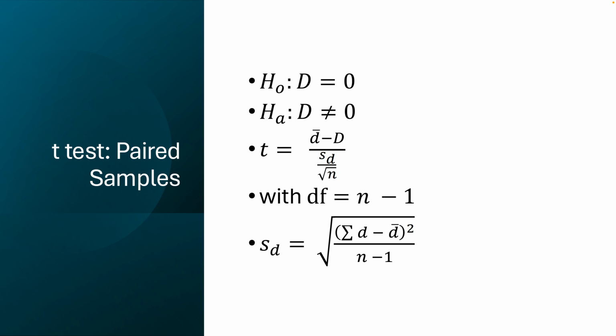For example, we may test the knowledge of students about data analysis before they enroll into a course. Then they undergo the course. After that, we again check the knowledge of data analysis, and we may want to compare whether that course is effective or not. We may want to try this with medicines.